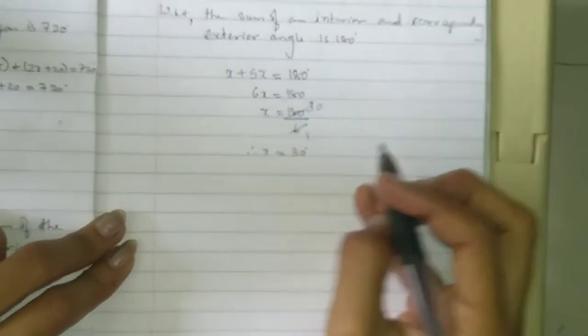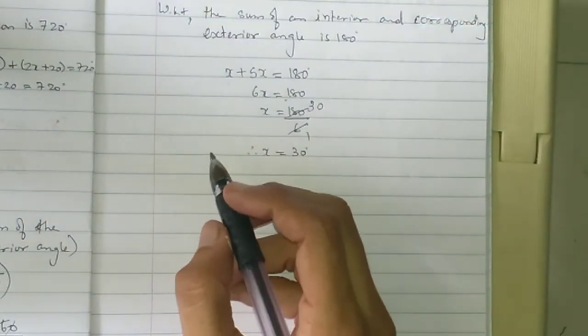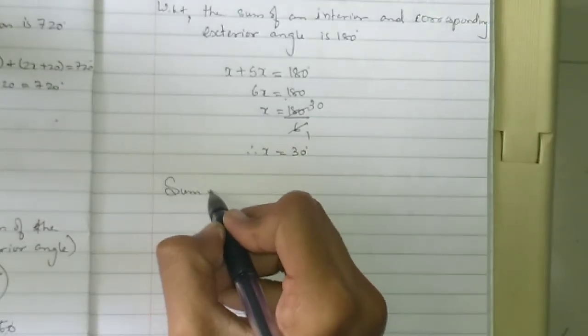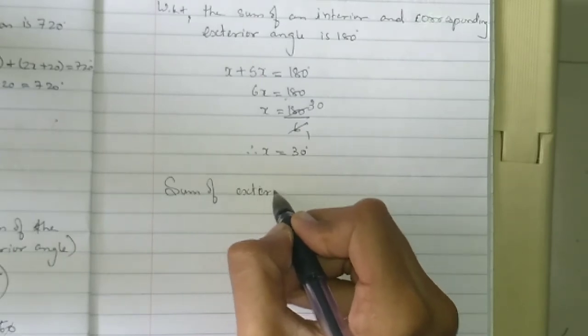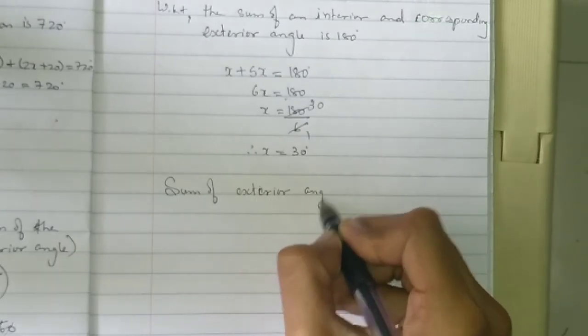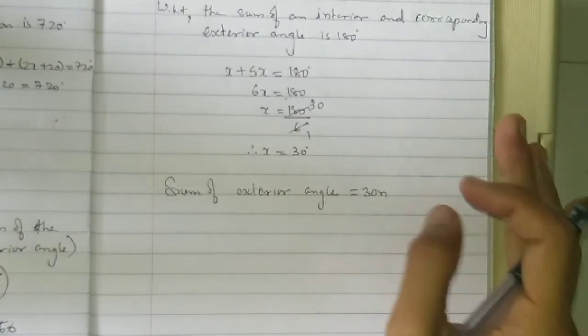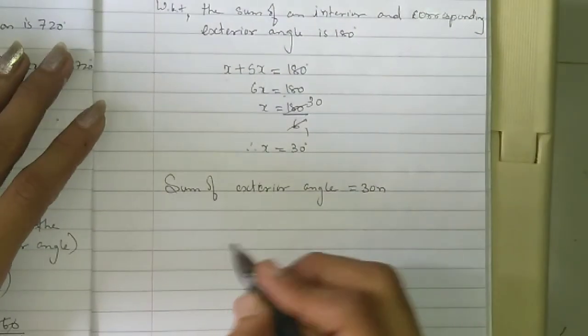Now we have that the number of sides of the polygon be n. Okay, so the sum of exterior angles equal to 30n. Now we know that the sum of all the exterior angles is 360.